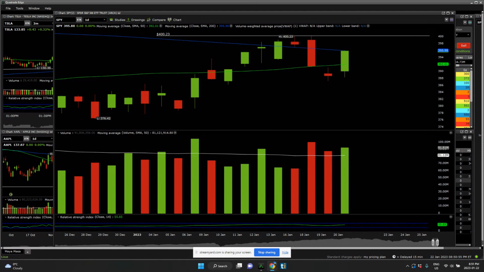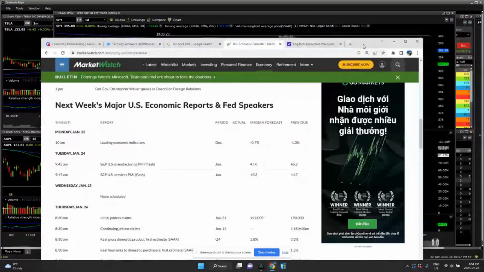Starting next week, Monday at 10 a.m. is leading economic indicators. I'm not familiar with the batch of indicators that will come up, but at 10 a.m. I do expect some volatility and a spike there. It could spike or sell off the market.